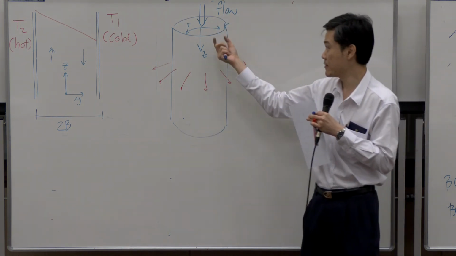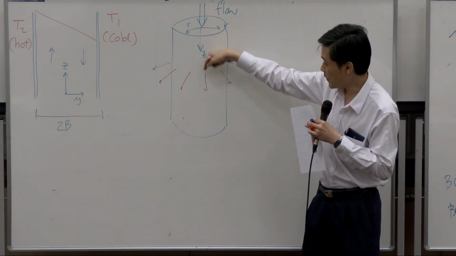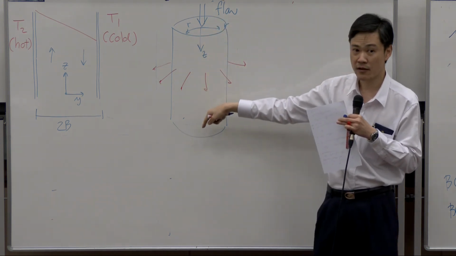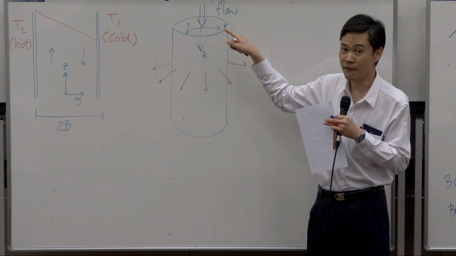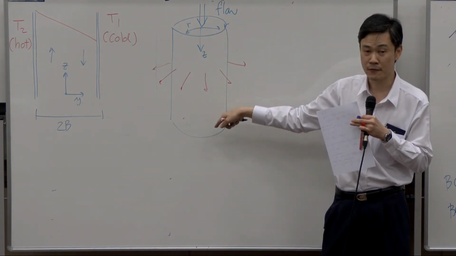If you imagine a group of water flowing down, this group of water carries energy. So there will be convective transport in the z direction, right?